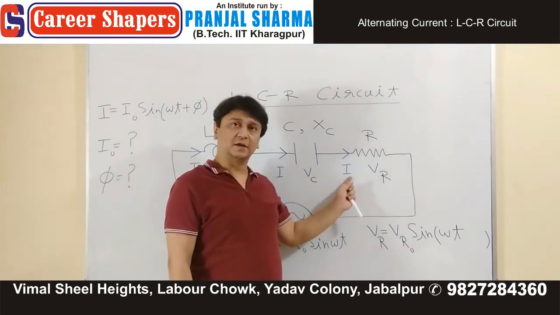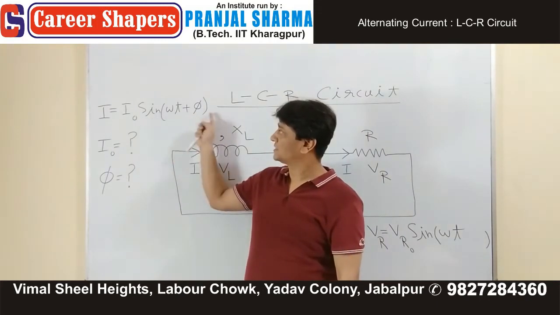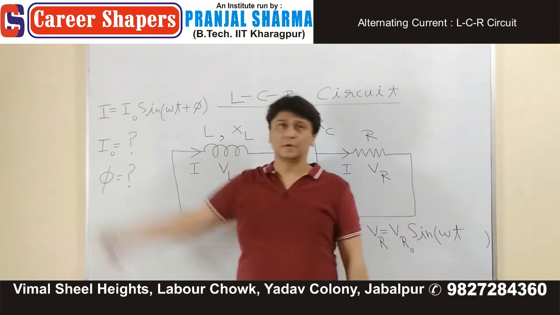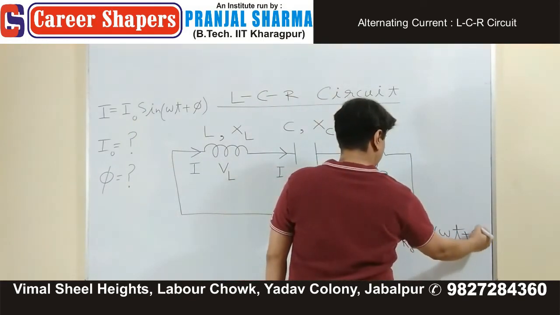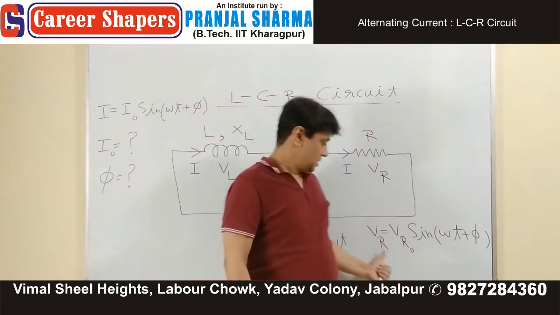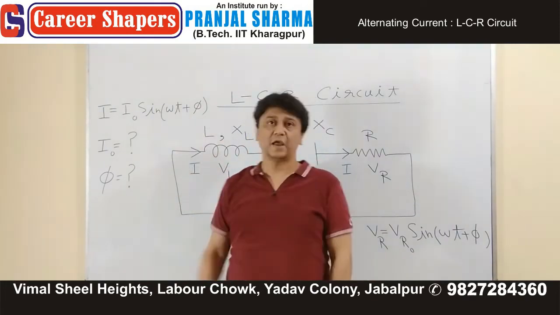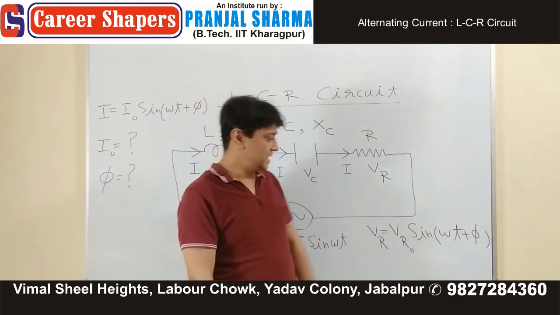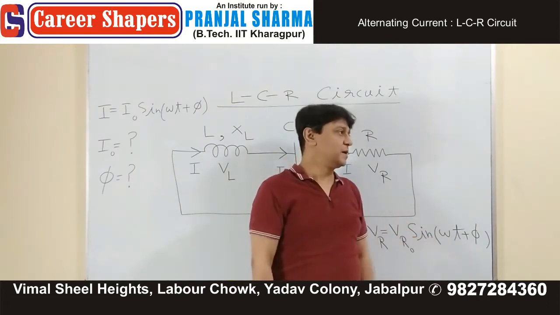So what is the phase of I? The whole part inside sine is called the phase. That means this is omega t plus phi. Phase of potential difference and phase of current are the same. Those of you who understand that it should be omega t plus phi, write down yes in the comment box.